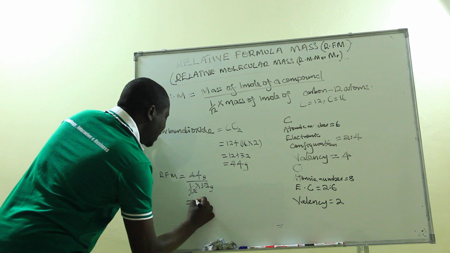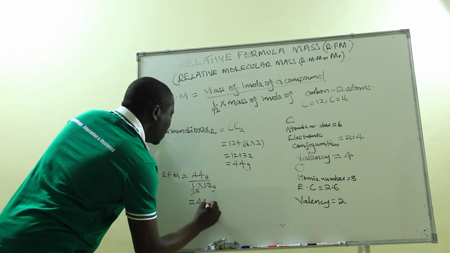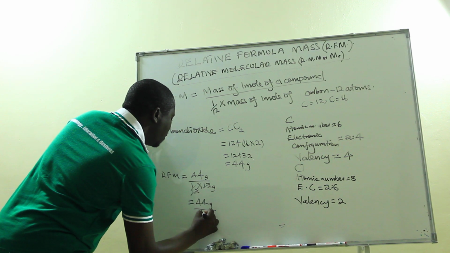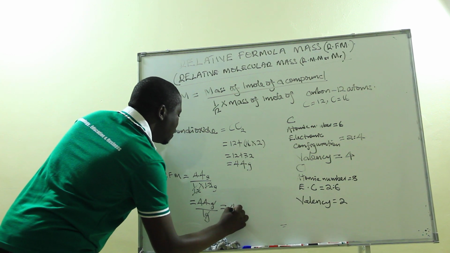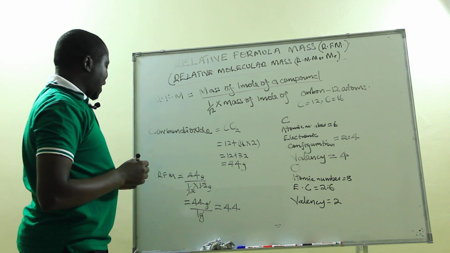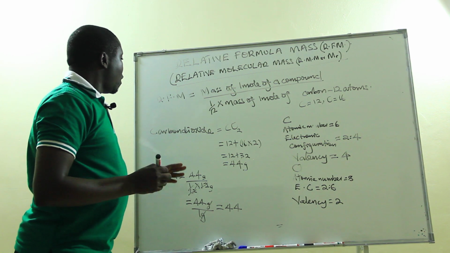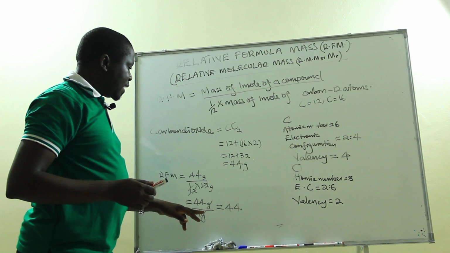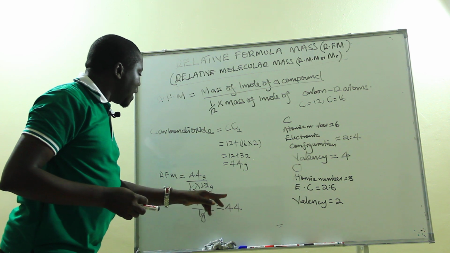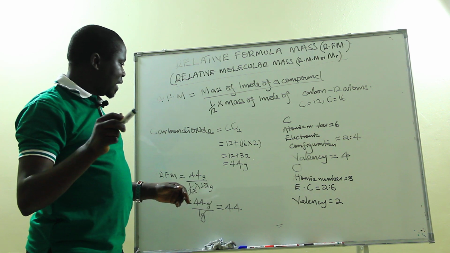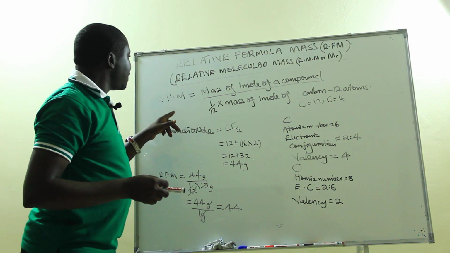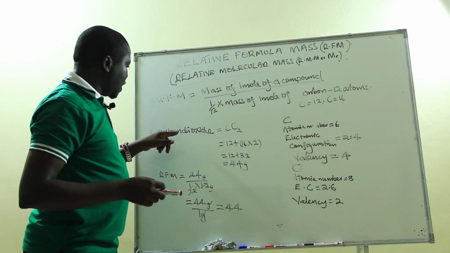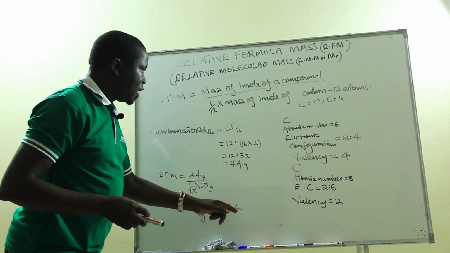So we remain with the 44 grams over 1 gram. This gram goes with grams and we shall have what? 44. So this one becomes the relative formula mass of carbon dioxide. You can see from here that even the relative formula mass, just like relative atomic mass, has got no unit. Relative molecular mass of carbon dioxide is 44 without the unit.